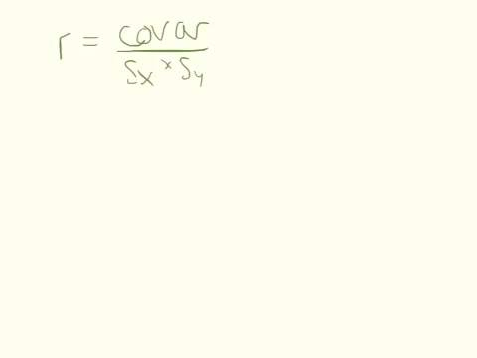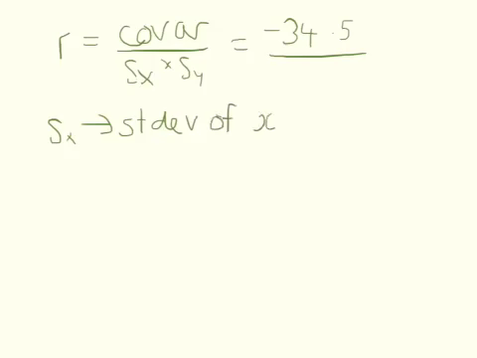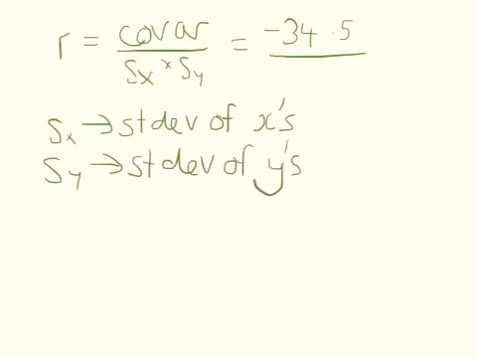So to complete the correlation calculation, we already know that the covariance is negative 34.5. I've got to get those two standard deviation figures, so I've actually got to work out the standard deviation of just the x's, and then the standard deviation of just the y's.